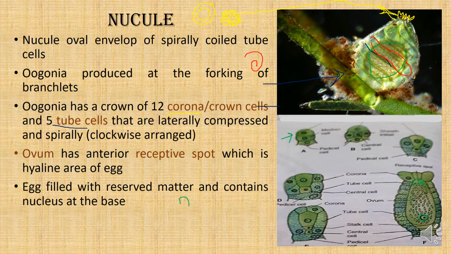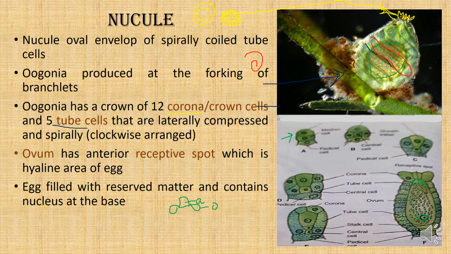So antheridial initial, the nucule, the oogonial initial is any lateral cell. Earlier we have seen that the terminal cell is the antheridial initial, and the lateral cells, these lateral cells, these are the oogonial initial. So this is the oogonial initial.